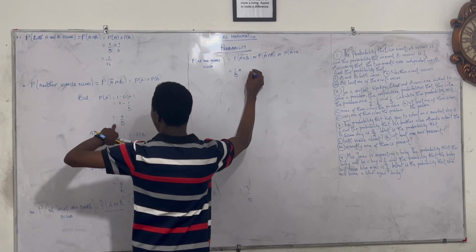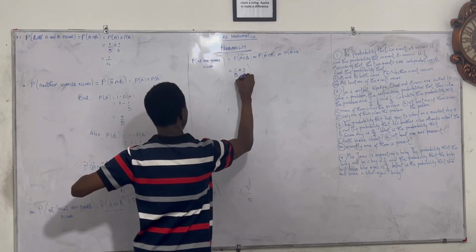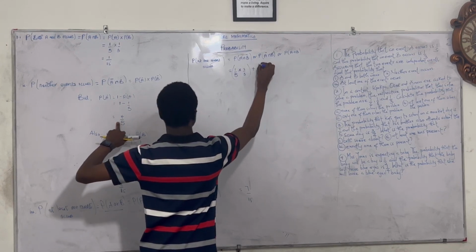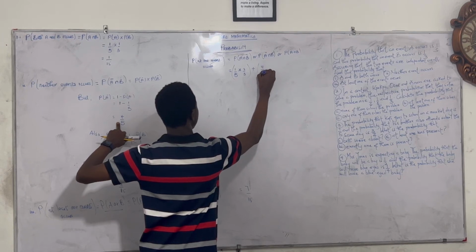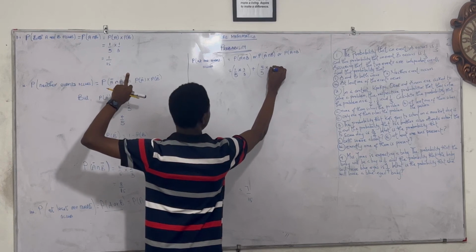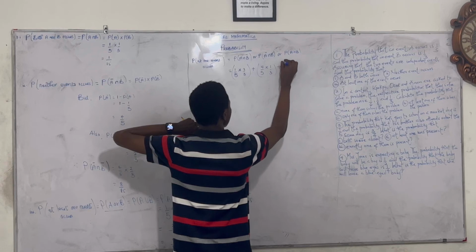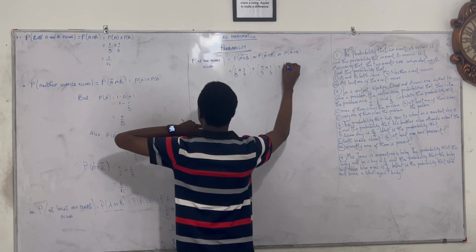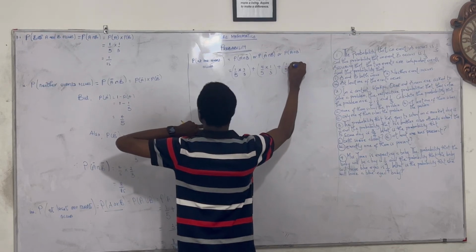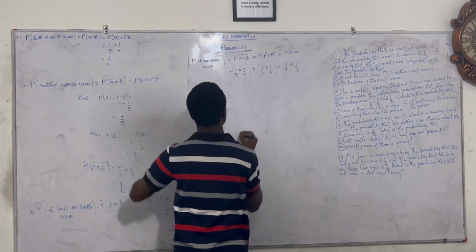The probability that B doesn't occur, we've calculated that to be 2/3, plus the probability that A does not occur, which we've calculated to be 4/5, times the probability that B occurs, which is already in the question as 1/3, plus the probability that A occurs, 1/5, and B occurs, 1/3.